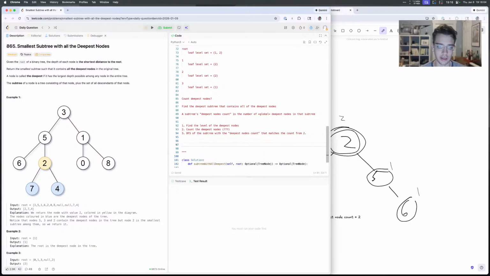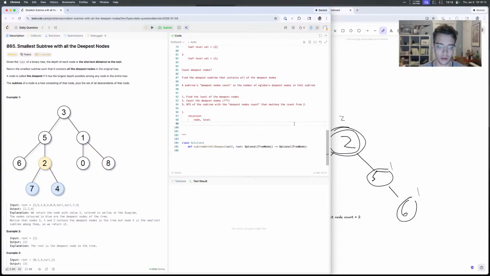So I guess one is recursion with node and level. Depth left equals recursion of node dot left, level plus one.